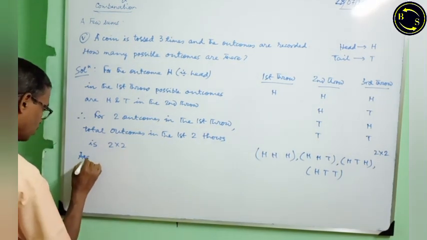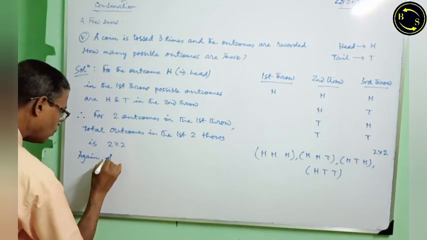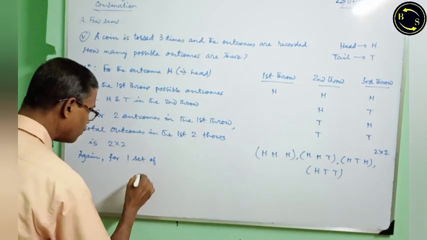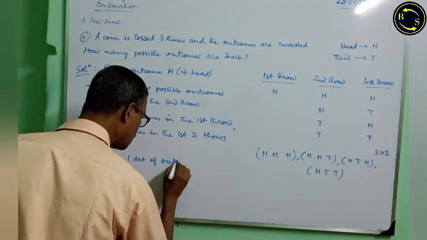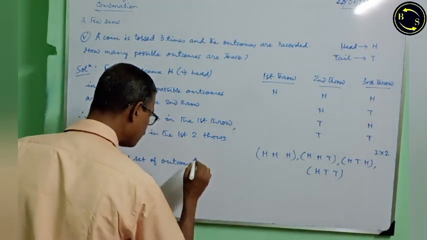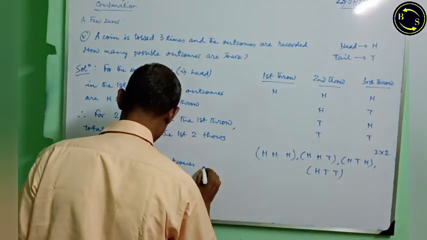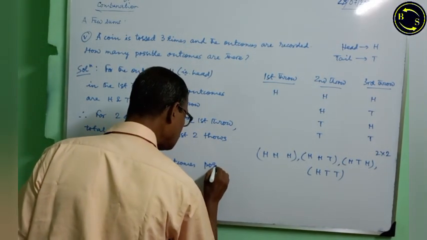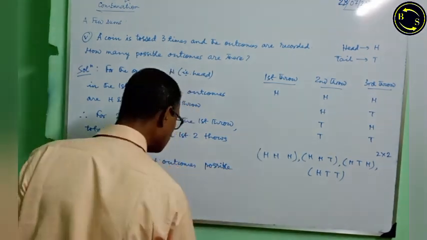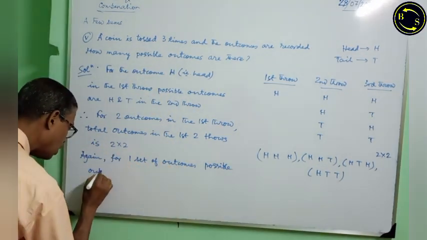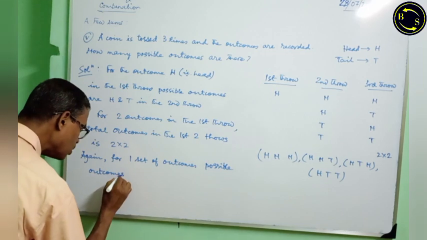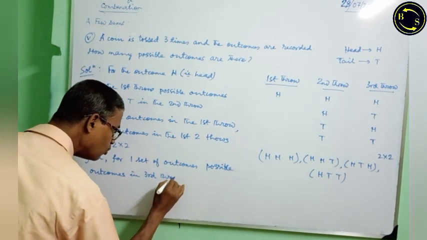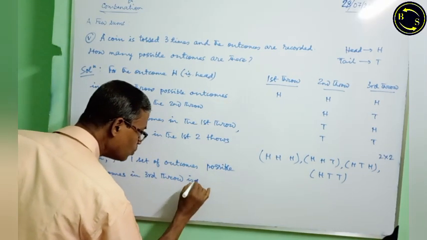Again, for one set of outcomes, possible outcomes in the third row is 2.